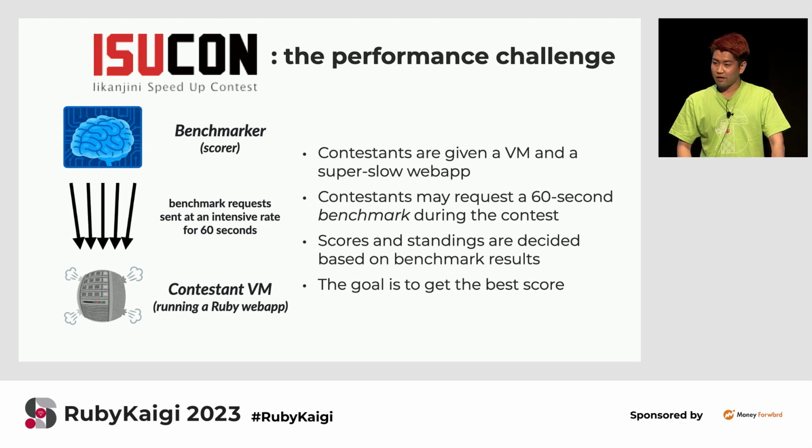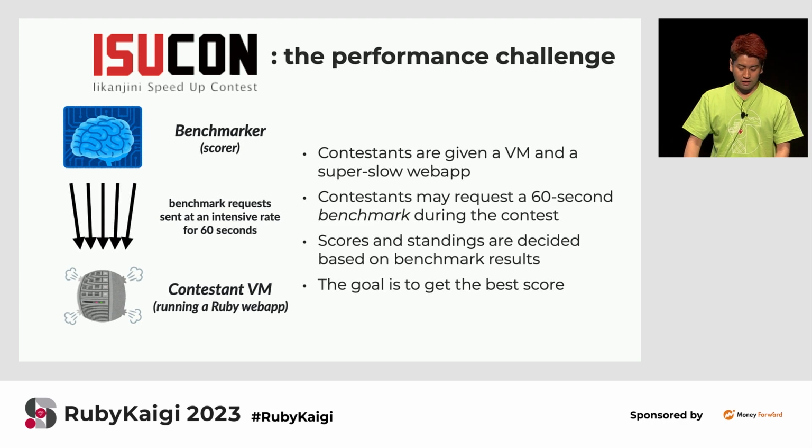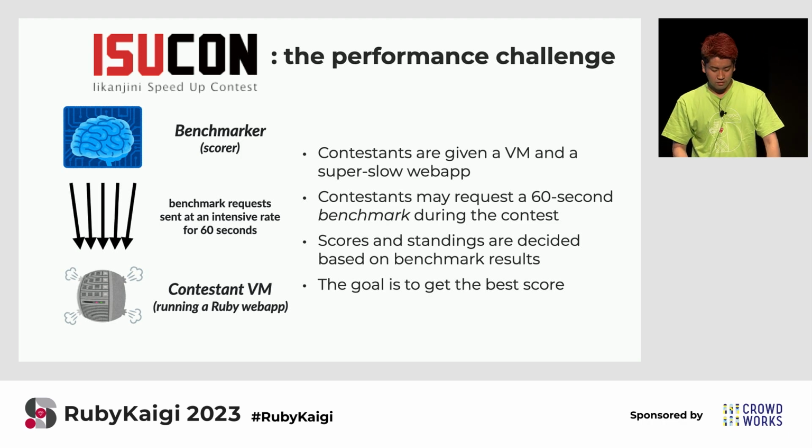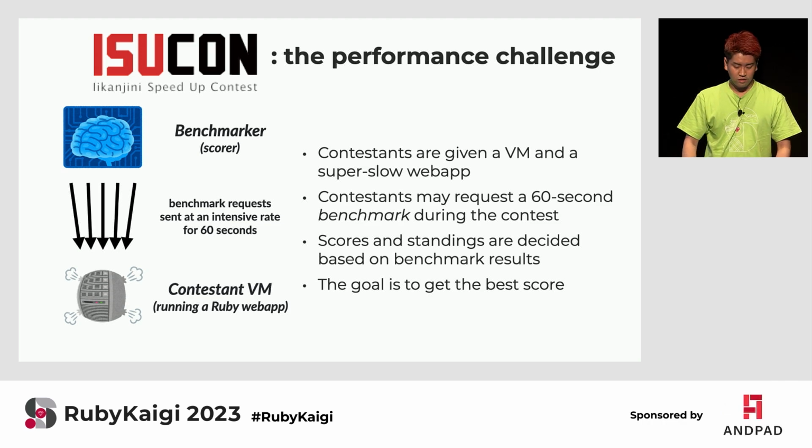Now, contestants have 8 hours to do everything to this code, and they may request a 60-second benchmark during the contest. When we request a benchmark, there's a benchmarker server, and the benchmarker server sends our VM a whole ton of HTTP requests. And the benchmark results are our score. So the goal is to get the best score.